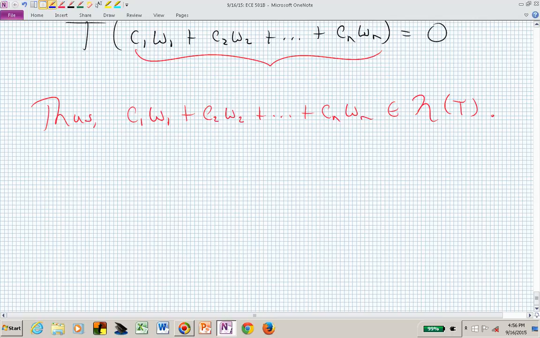Oh boy, this is kind of fun. So, if we have a vector that's in the null space of T and we have a set of basis vectors for the null space of T, what do we know about that vector? We can write it in terms of those basis vectors, can't we? That are the basis vectors of our null space.